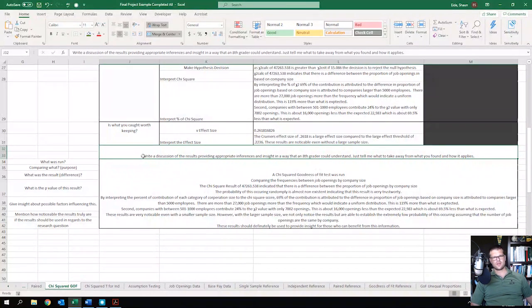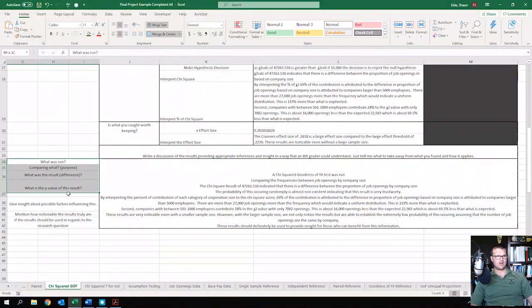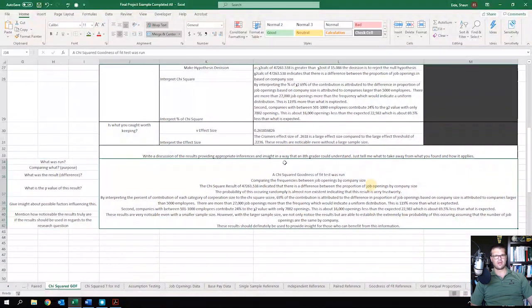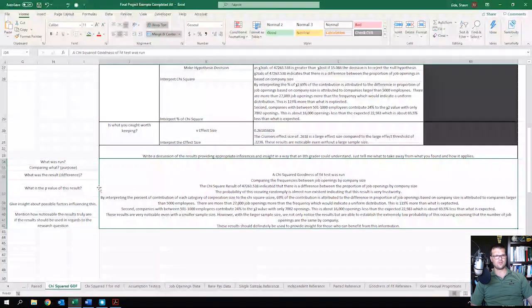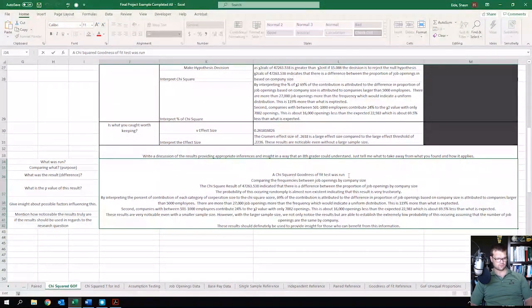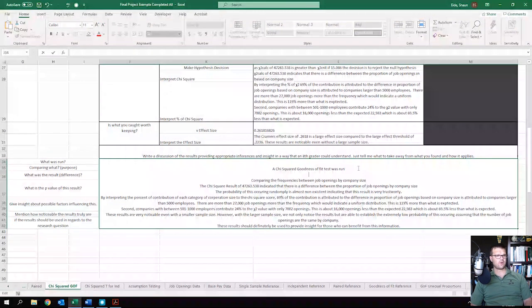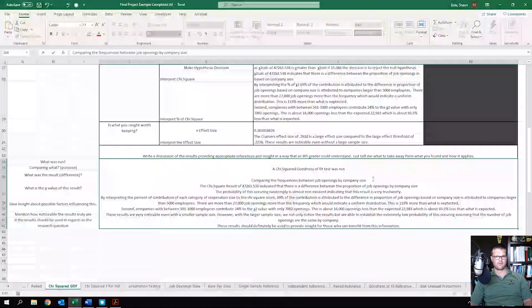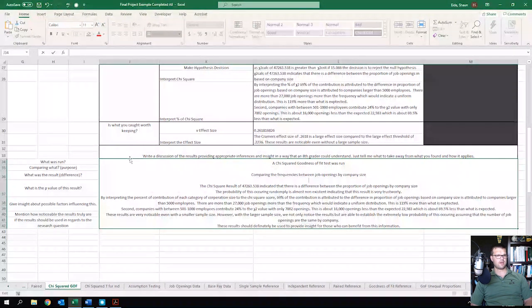Write a discussion of the results, providing appropriate inferences and insight in a way an 8th grader could understand it. Okay, so what you're doing is literally just following this all the way down. And I'm just going to be checking, did you do this, did you do this, did you do this, and is it correct? So first of all, what was run? A chi-squared goodness of fit test was run. Okay, what was it comparing?